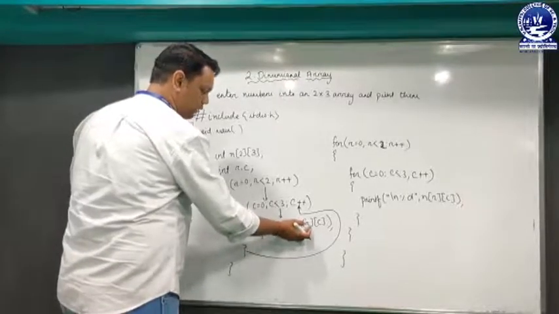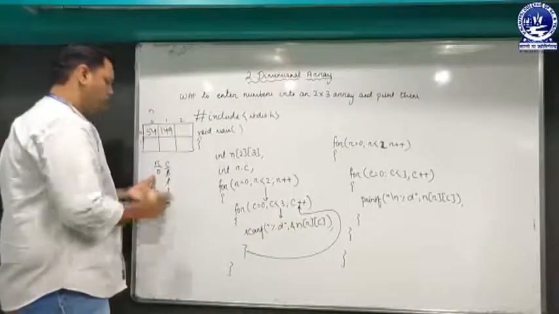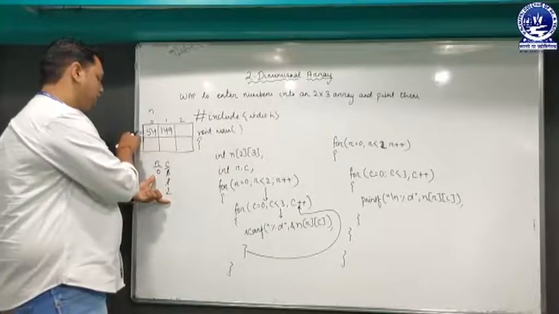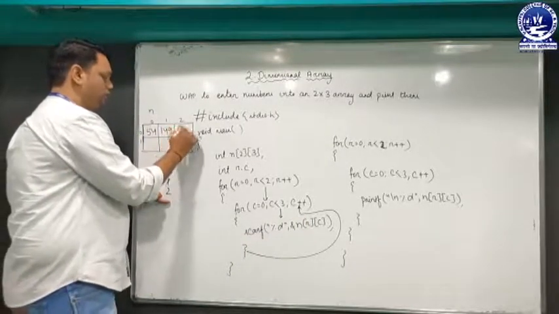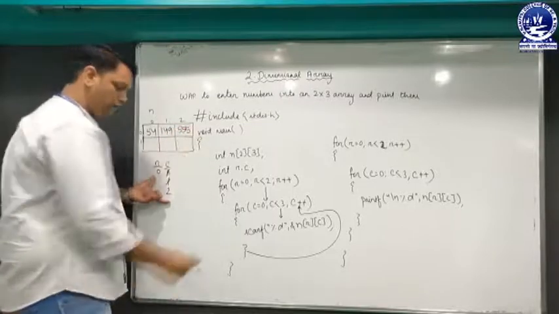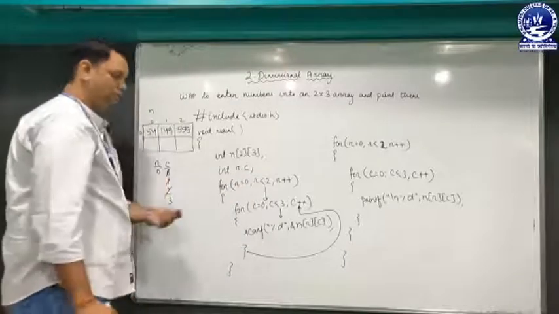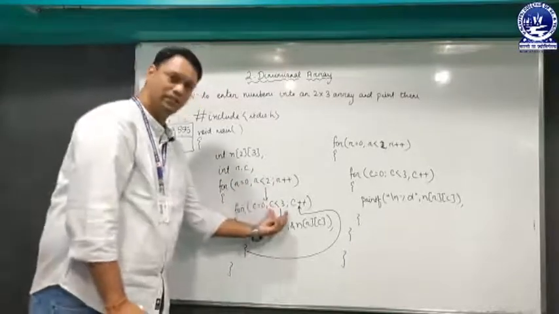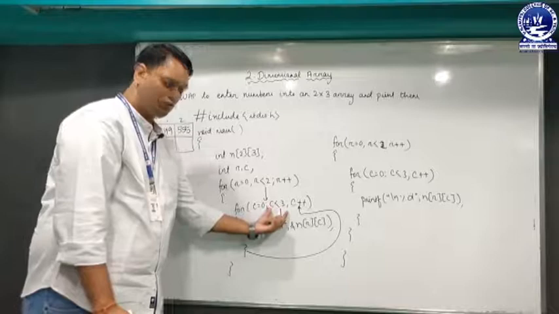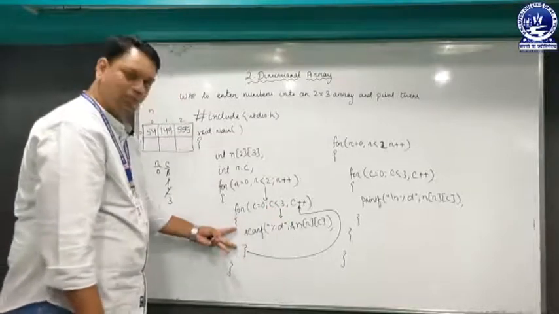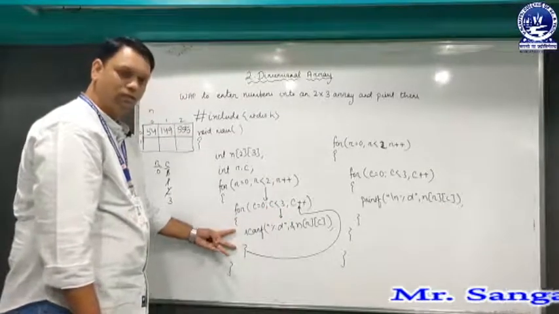Now it will store the value in place of 0 and 2. So in the index number having 0 and 2, it will store a value. Let's say I will write 555. So again when it will move to c plus plus, c will become 3. Now it will check the value, 3 is less than 3, the condition returns false. So it will come out from this for loop, that means the inner loop gets void.